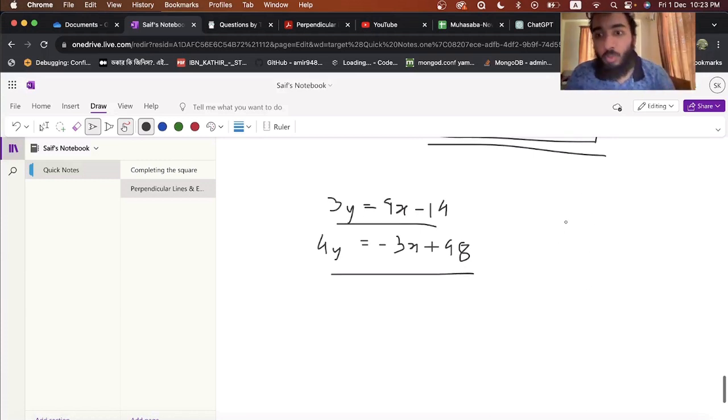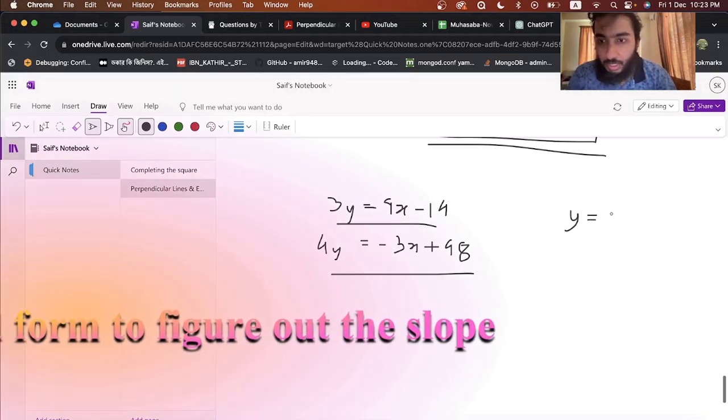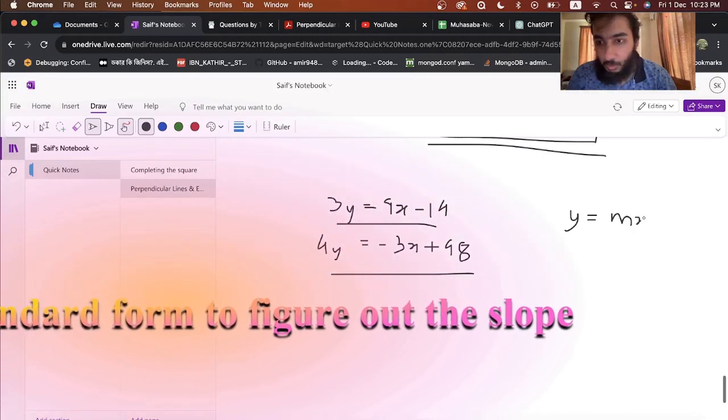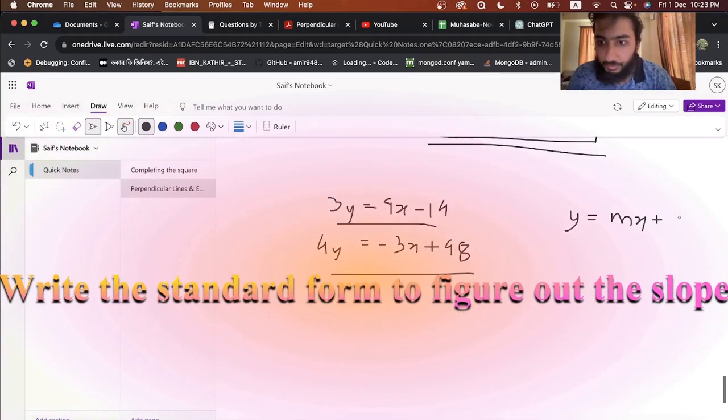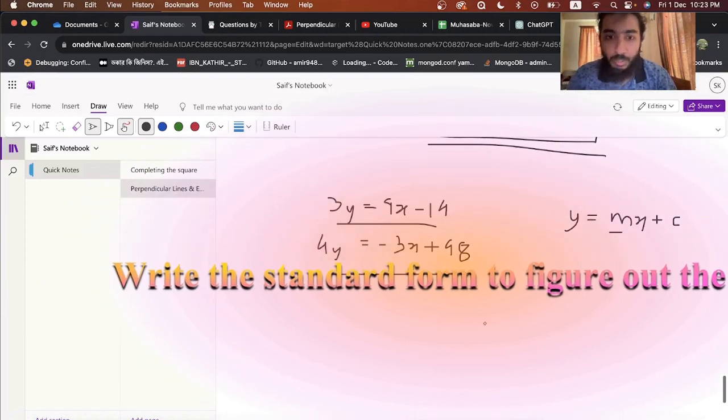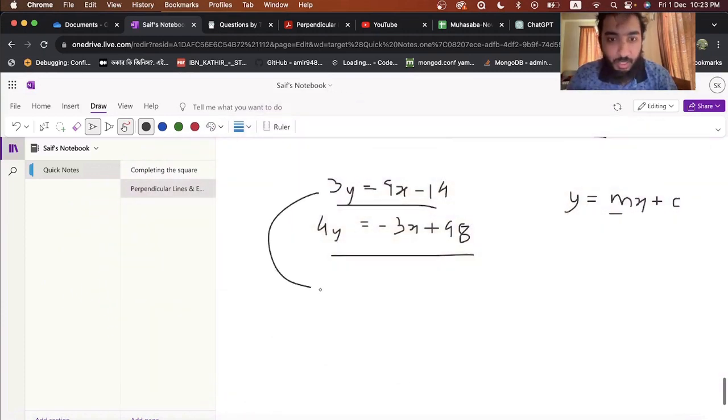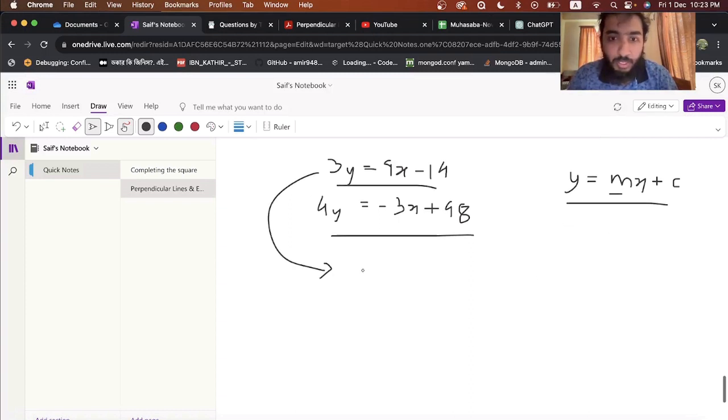So what I would try to do here is write it in the form y equals mx plus c, where m is the slope. If I first write this equation in that standard form, we can divide both sides by 3. So y equals (4x minus 14) by 3.